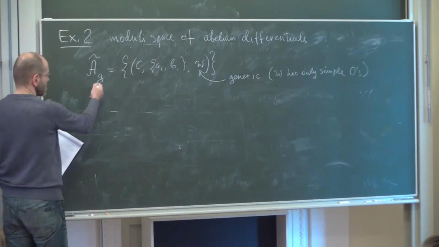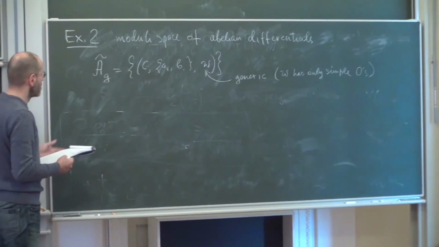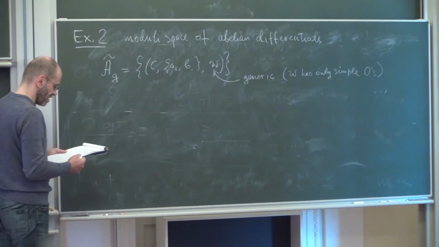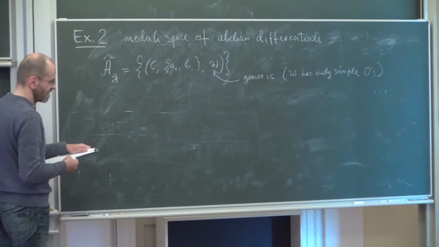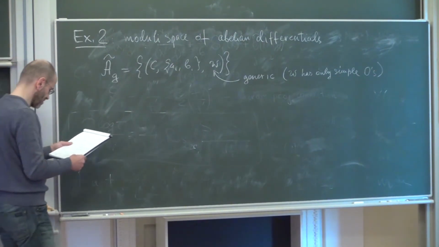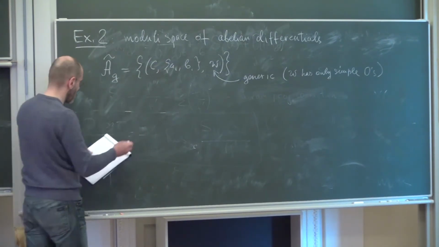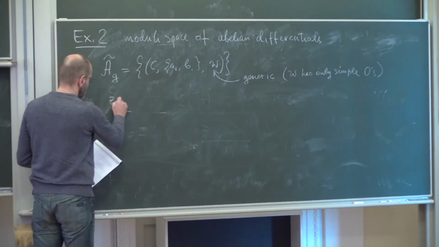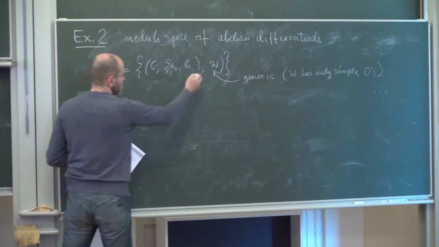So what are coordinates here? There are natural coordinates on this space that are called homological coordinates. Some people call them Kontsevich-Zorich coordinates, but they were certainly known before Kontsevich and Zorich. These are essentially the periods of this differential.